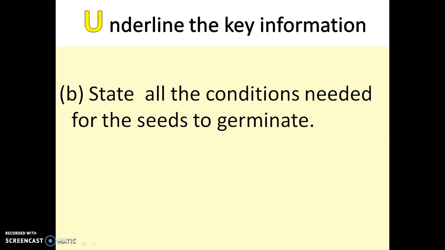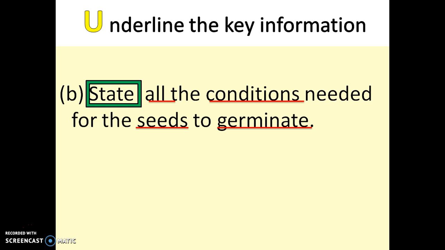Okay, so we have to underline the key information. You need to know all the conditions needed for the seeds to germinate. But what is important over here is state. So I put it in a green box.